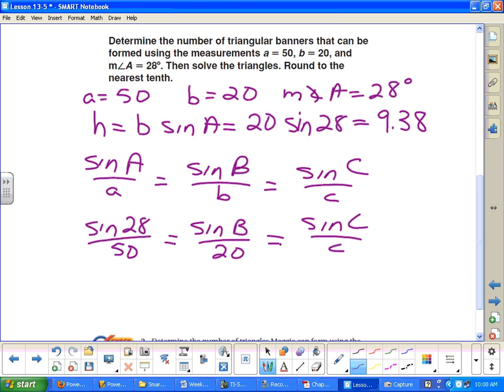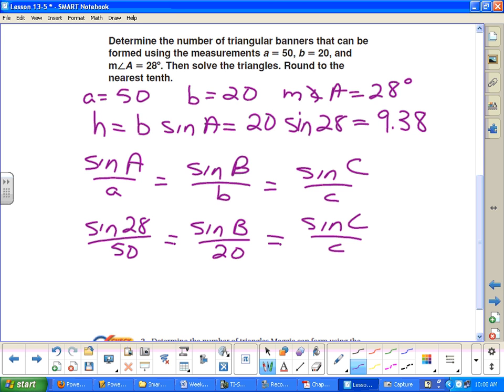Is angle B going to be less than or greater than 28 degrees? Why? Because 50 is bigger than 20. If this side is 50 and this side is 20, then the angle that goes with the 50 has got to be bigger than the angle that goes with the 20.